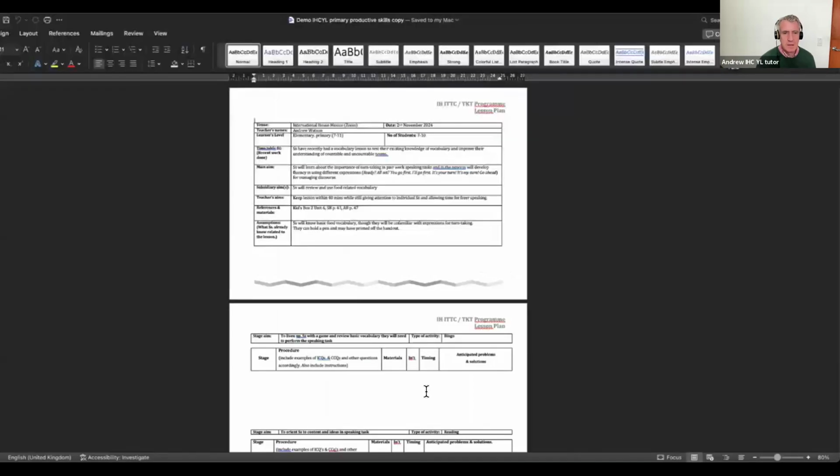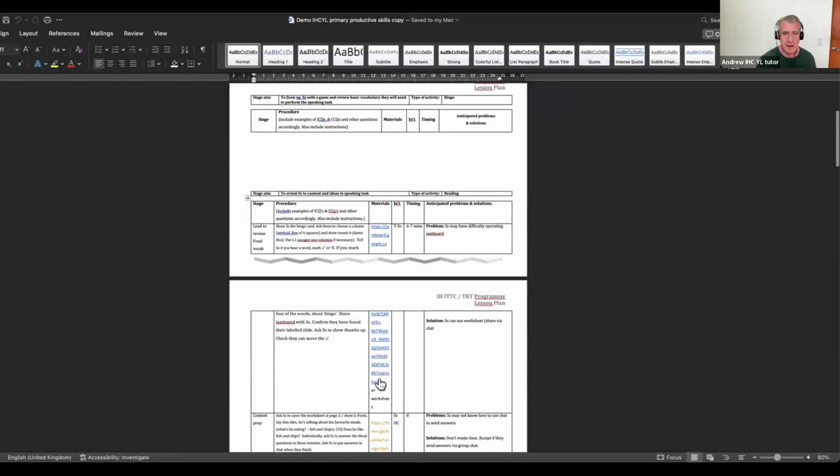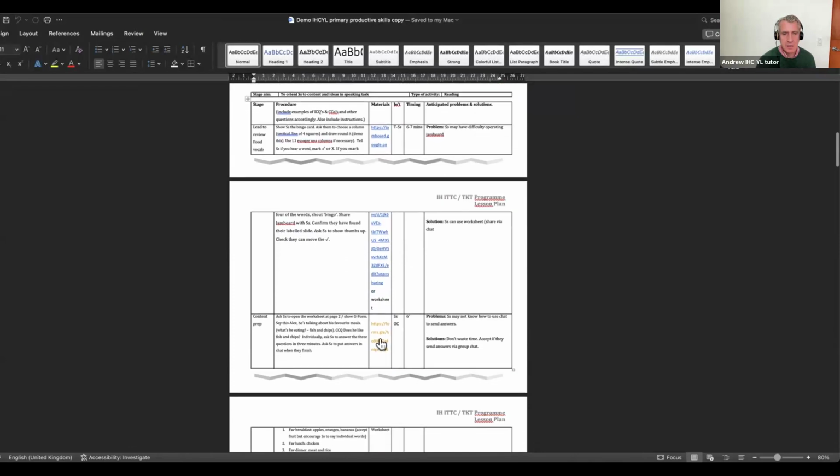Can be really handy if you can include the links to the materials. The observer will thank you for including the links. Like you can see, los enlaces aquí.